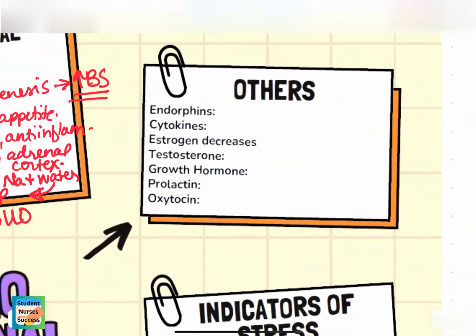Now, there's also some other neurohormonal mediators. Endorphins, we know those are natural painkillers. And so our body releases endorphins to help us during fight or flight. We know cytokines are helpful in the short term for immune function.